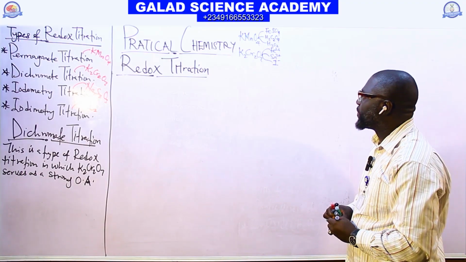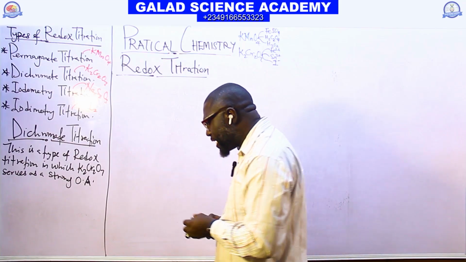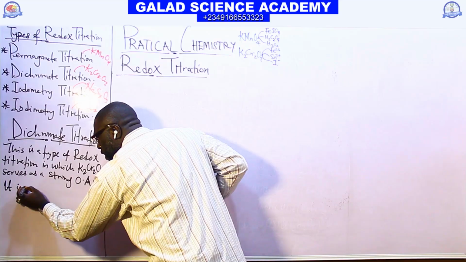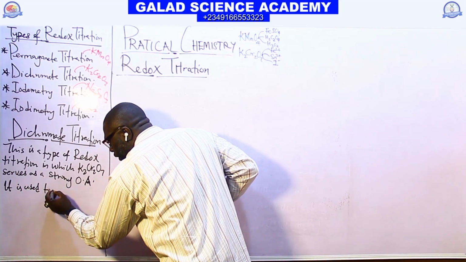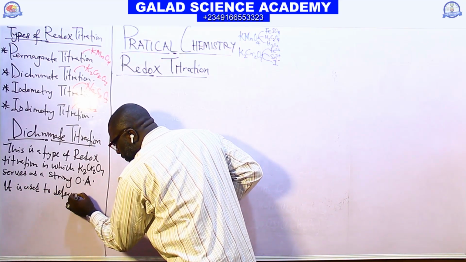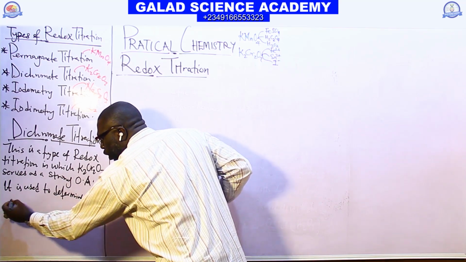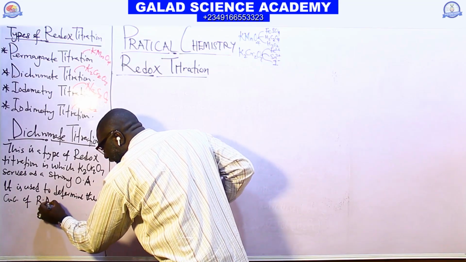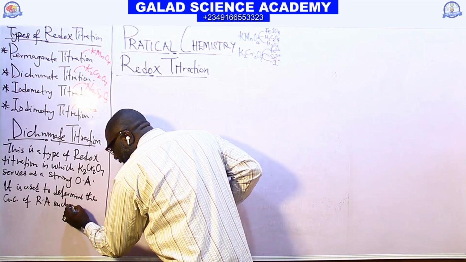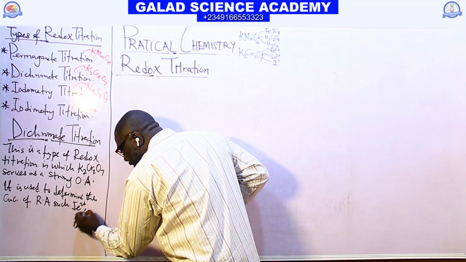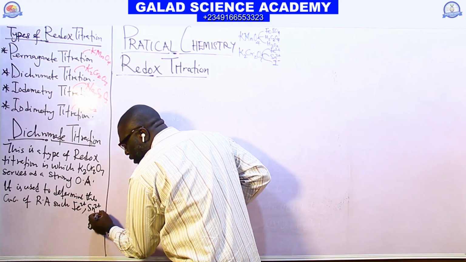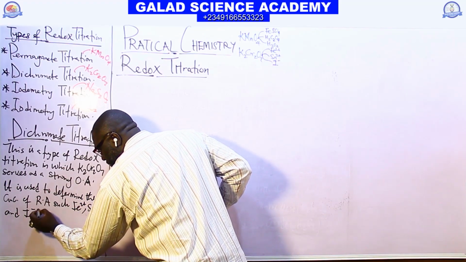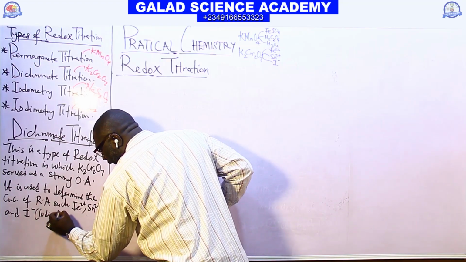Please, these are the differences between them. So this dichromate solution is used to determine the concentration of reducing agents such as iron 2 plus, tin 2 plus, and iodide ion.